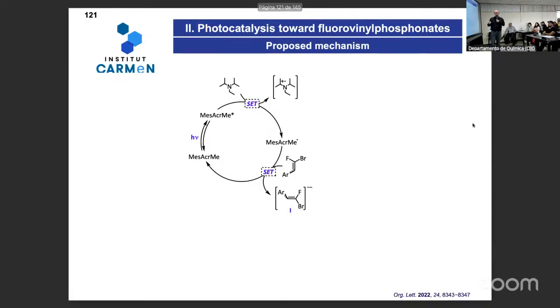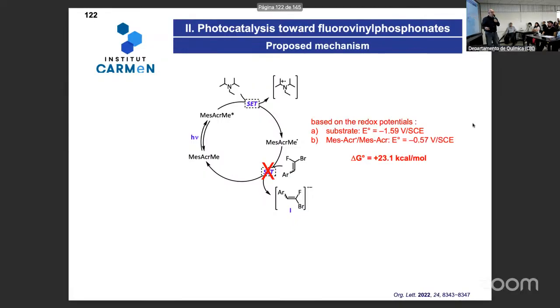Next, please. So the most simple one, we think that, okay, we have the radical photocatalyst, and so we can reduce directly the bromofluoroalkene. But if you look at the thermodynamic energy, that means that you have a delta G of more than 23 kilocalories per mole. That means that it's not possible to do this kind of reaction.